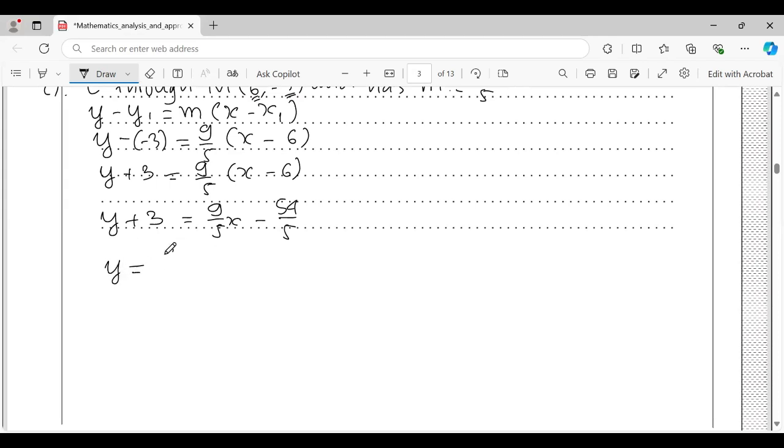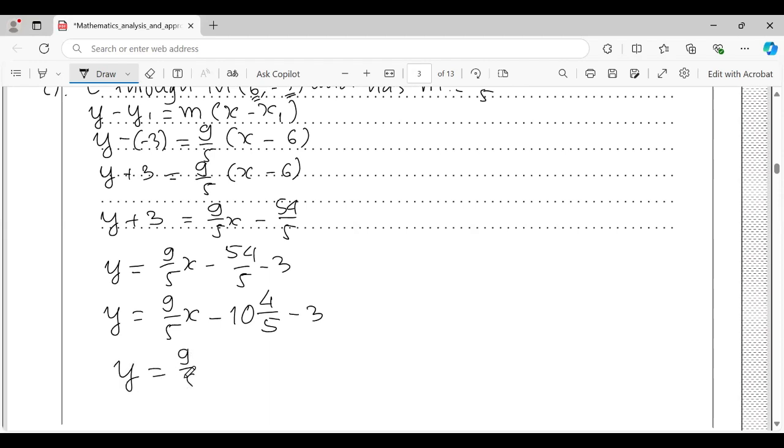Then y equals 9 over 5 x minus 54 over 5 minus 3, which is 9 over 5 x minus 69 over 5. As a mixed number, 54 over 5 is 10 and 4 over 5, so this is 9 over 5 x minus 13 and 4 over 5.